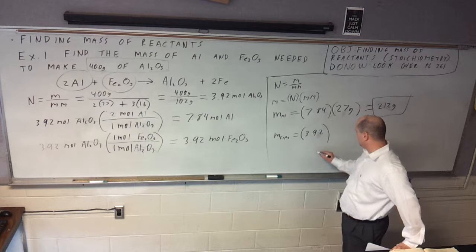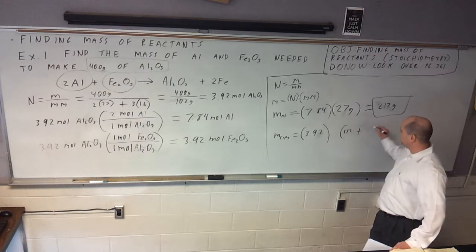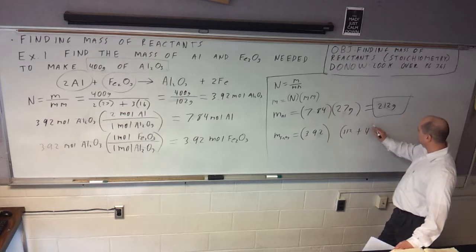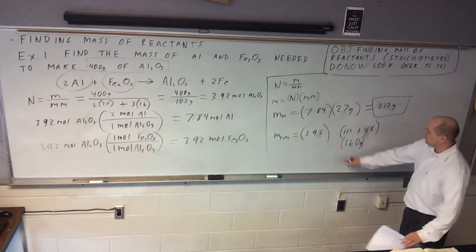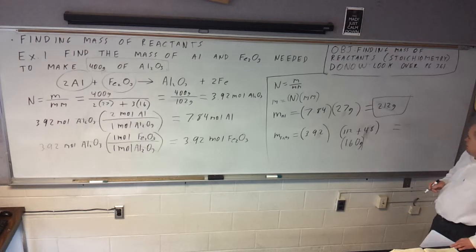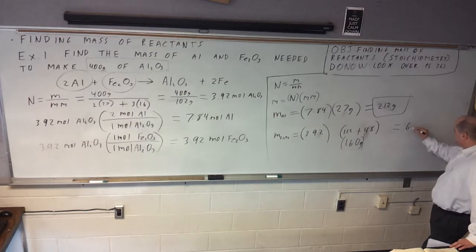So 56 times 2, that's 112. Plus oxygen is 16 times 3 is 48, right? So 112 plus 48, so that's 160, right? So 3.92 times 160, what's that come out to? 627 grams.